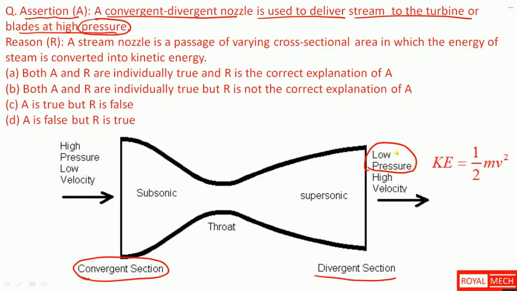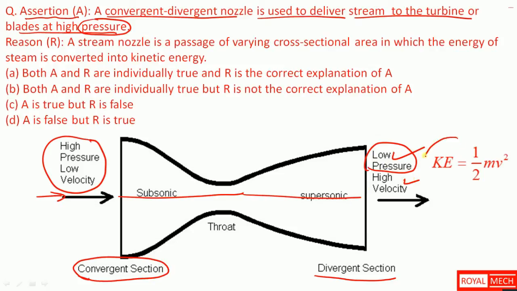The pressure output here is low pressure, because at inlet it is high pressure and low velocity, and this will be converted into low pressure and high velocity. So that is kinetic energy, half mv square. So thereby assertion A is wrong.